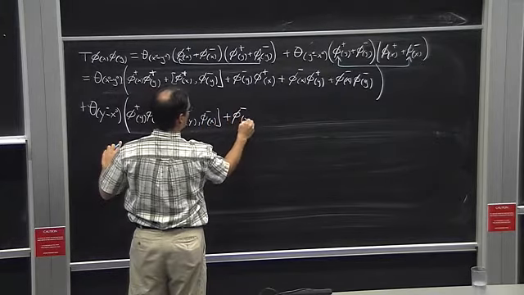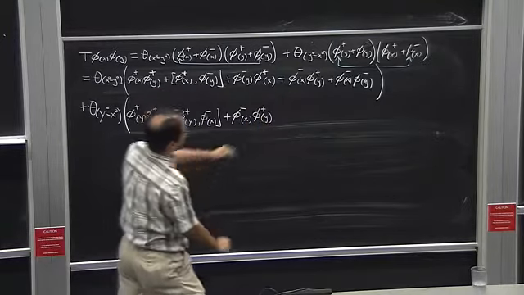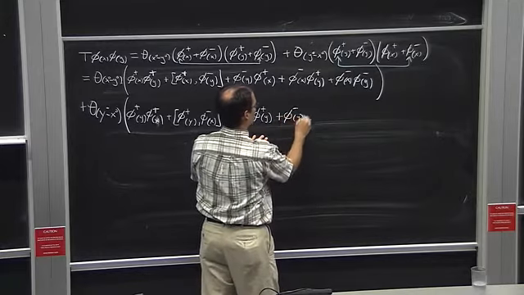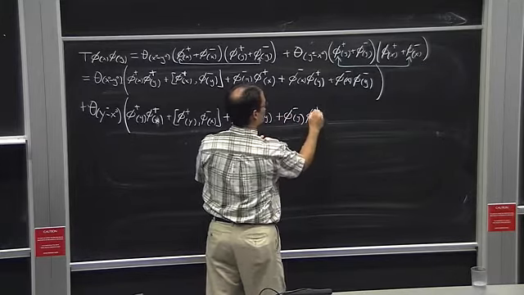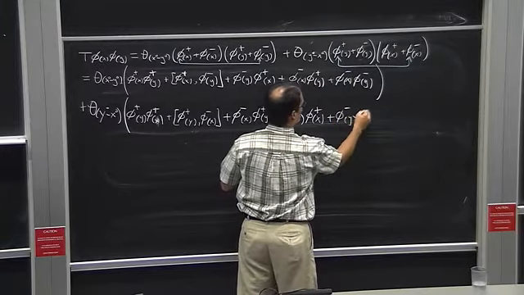And we get something that looks nice. Okay. Then the next term is this with this, which is already nice. And this with that, whose order doesn't matter.